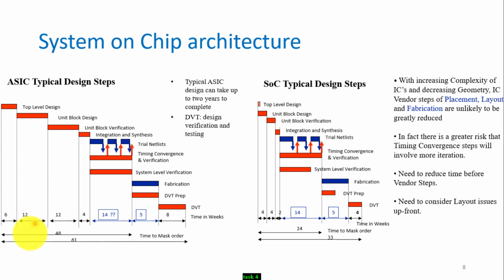If you work on an application specific IC, the work will take around 1.5 years, which is around 61 weeks. If you work on a system on chip, your work will mainly take 33 weeks, which is less than 1 year, so you can get more chips faster.